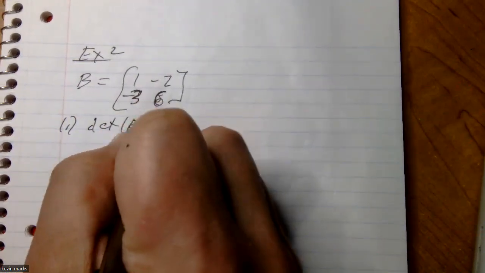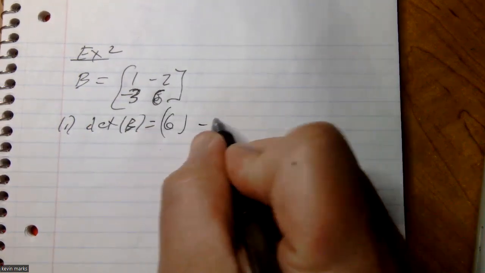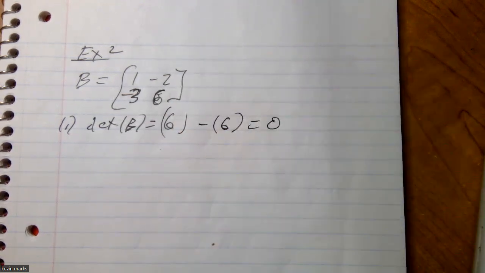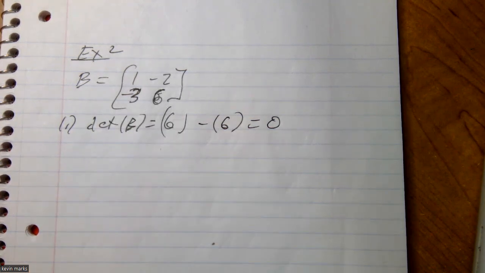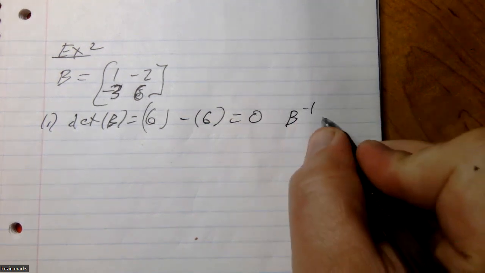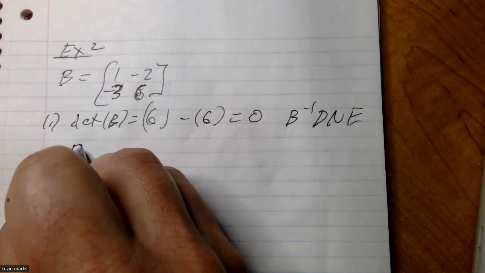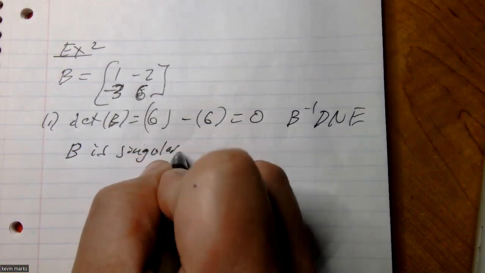With that first one, we can look at the determinant of B. The determinant of B would be 6 minus 6, which is 0. You see that 6, and then minus, and then multiply here is 6. So the determinant is 0. Then what does that mean? That means B inverse does not exist. Or in other words, B is, remember, what's called singular. He doesn't have a buddy.